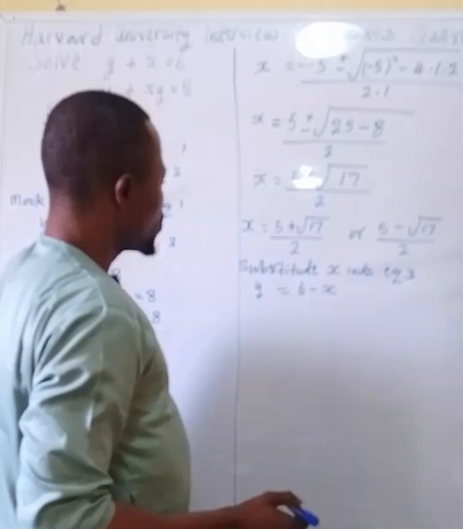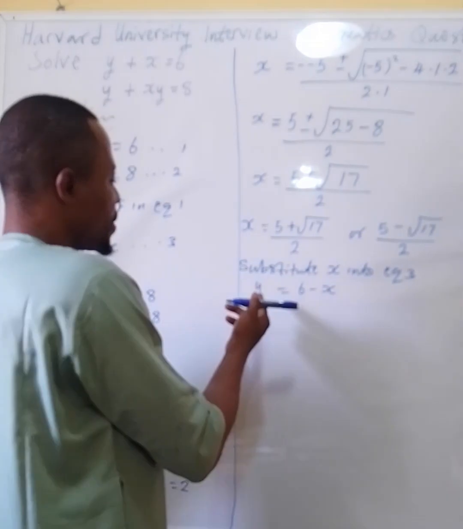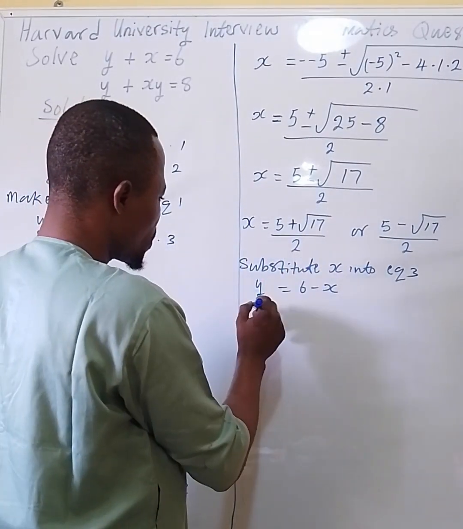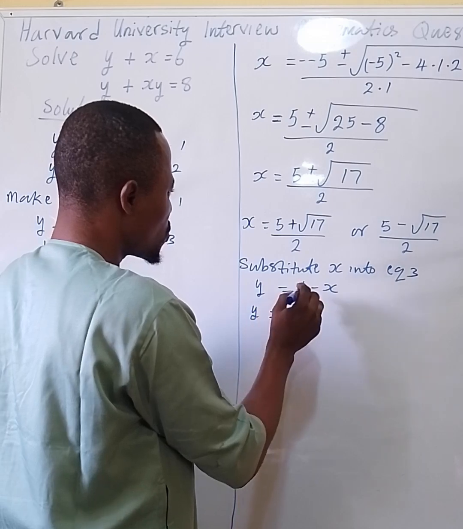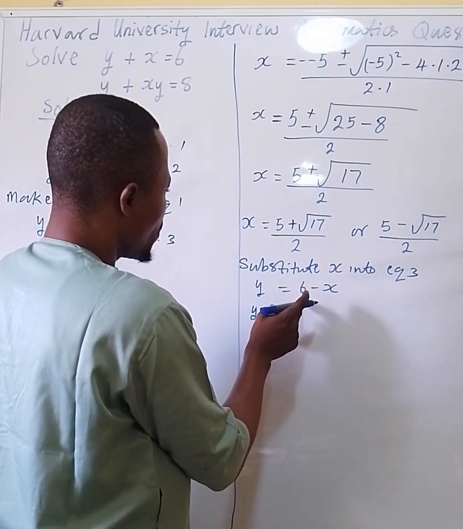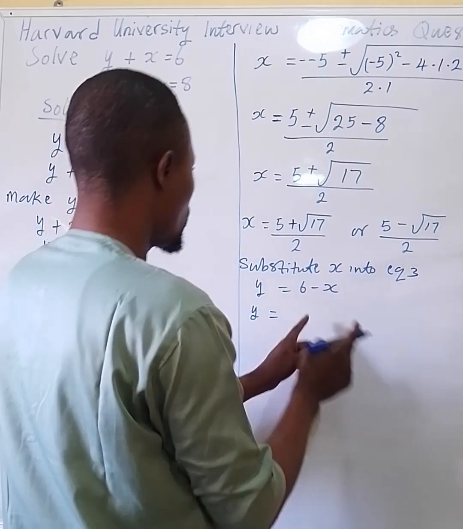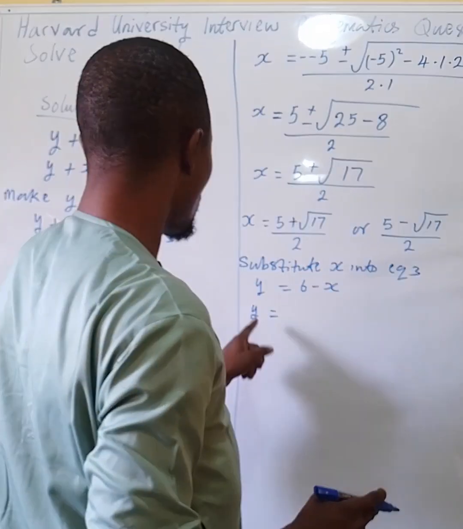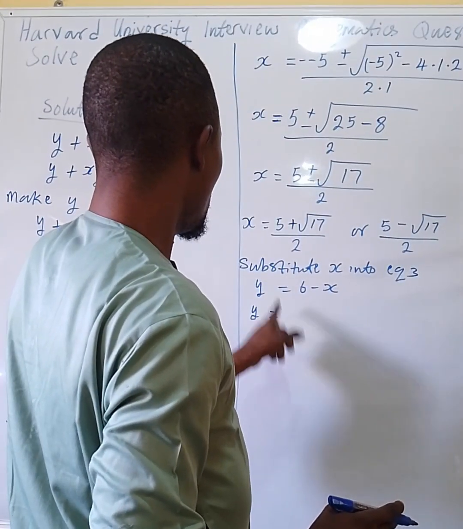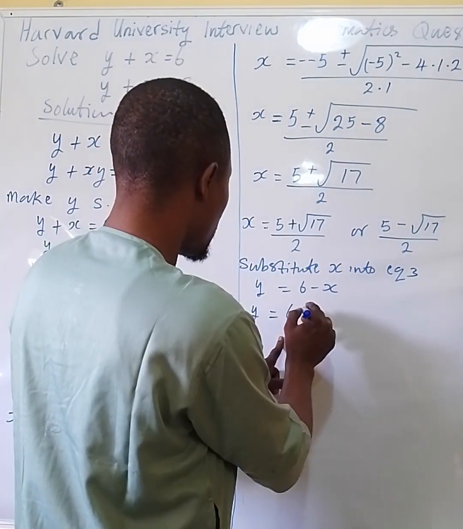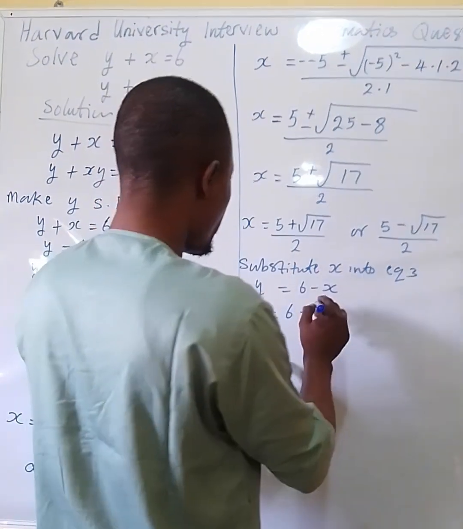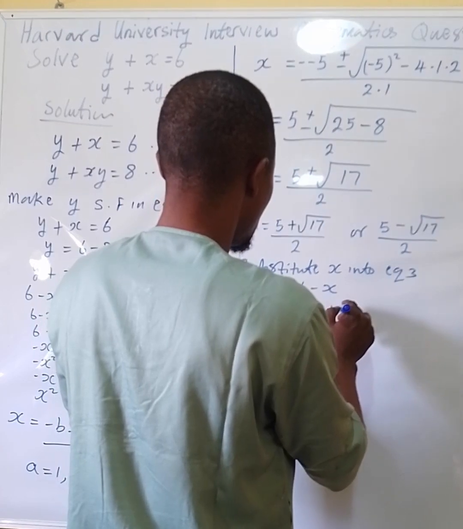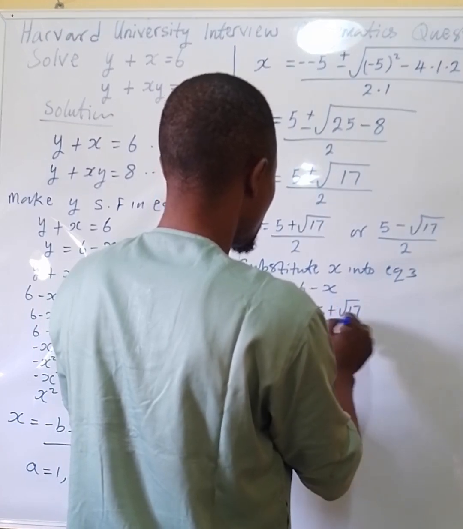Are we together? This, our y, is what we are looking for. So y equals 6 minus, we have 5 plus the square root of 17 over 2.